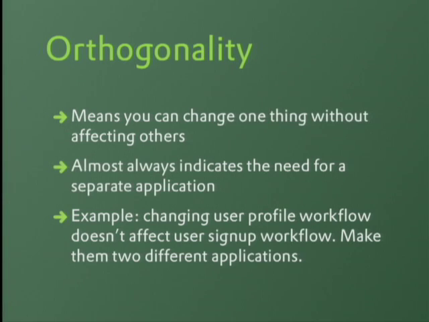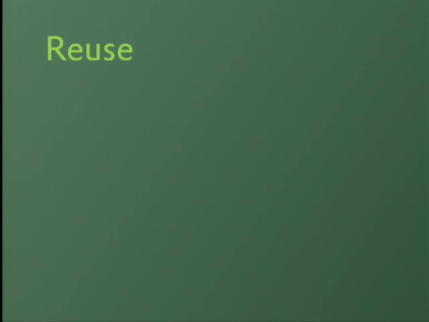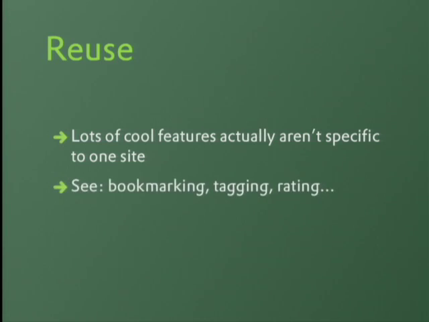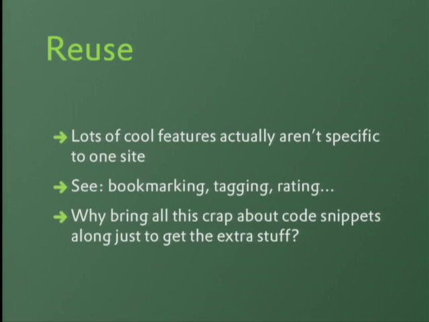And generally you run into cases where you say, well, I want to reuse this. I had this great idea for a feature, but I don't really see this being specific to the site, bookmarks and tagging and ratings and all this stuff that you have to come with this djangosnippets.org code sharing application just to get them.